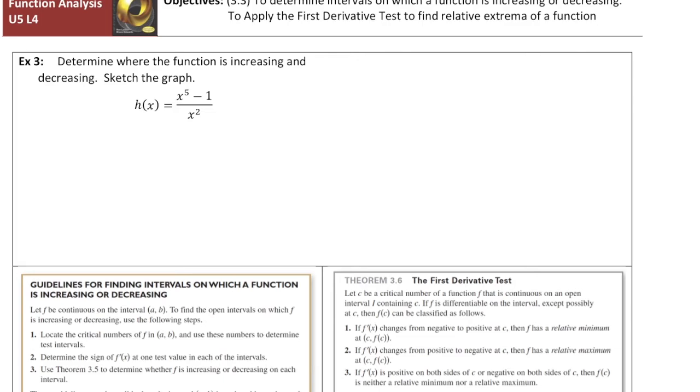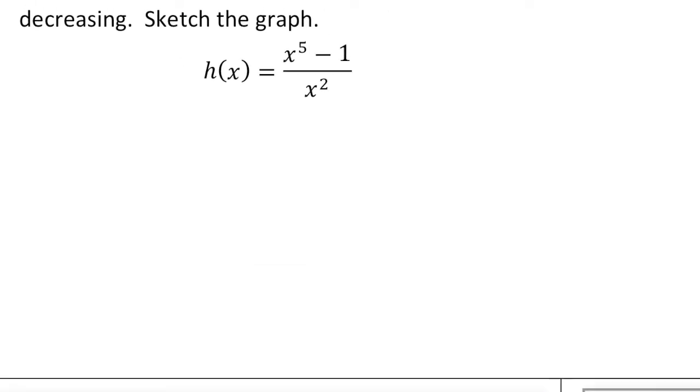For example 3, we're going to take a look at h of x. Now, I'm going to use a quotient rule. You don't have to, but if we use the quotient rule, we have h prime of x is equal to, here's the bottom, times the derivative of the top, so we have 5x to the 4th, minus the top part of the function, times the derivative of the bottom, which is your 2x, over your x to the 4th.